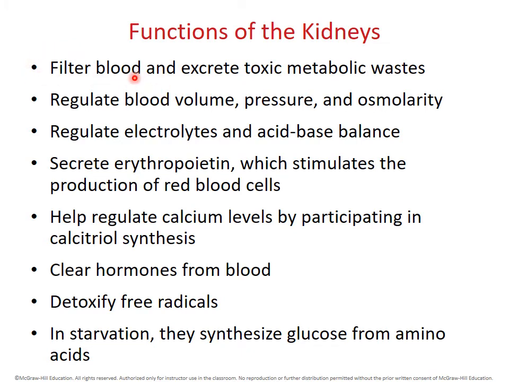Now, by virtue of regulating how much water is in the blood plasma, of course, we know that also affects blood volume. And by affecting blood volume, that's going to affect blood pressure. And also by affecting water balance, that's going to affect the overall osmolarity of the plasma.